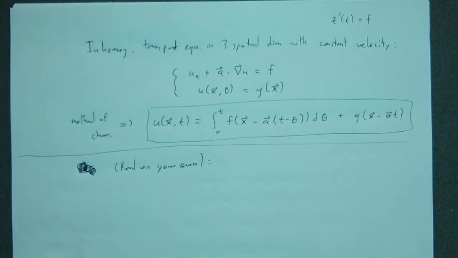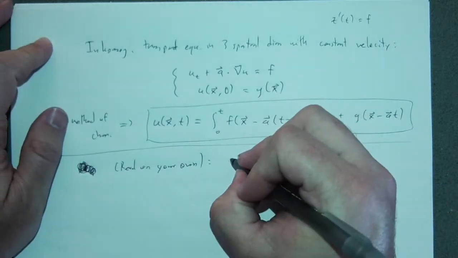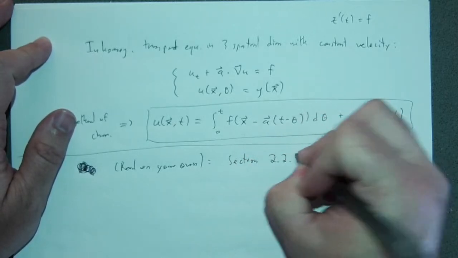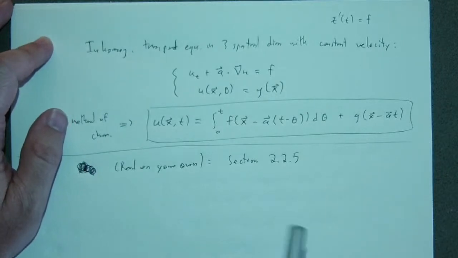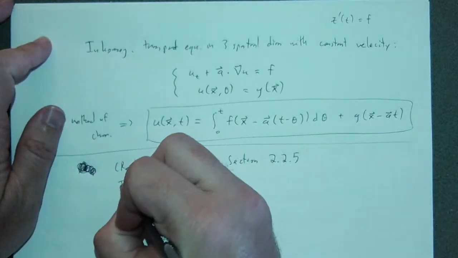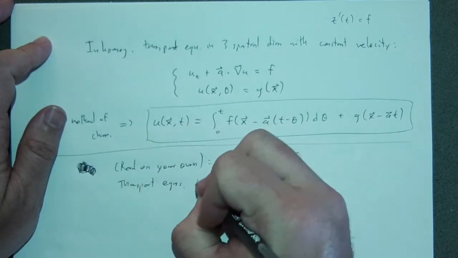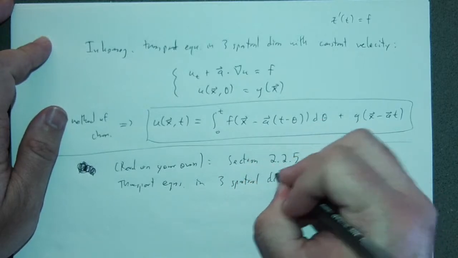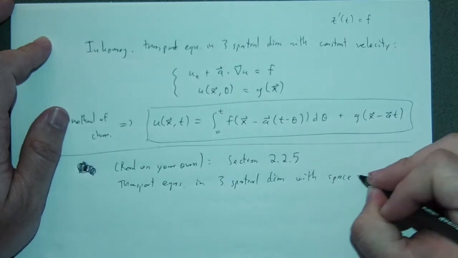I may come back to it later, but this is section 2.2.5, which is the transport equations in three spatial dimensions with space varying velocity.